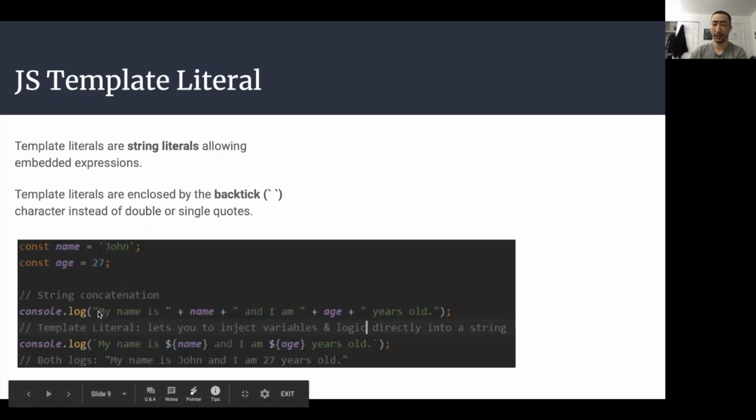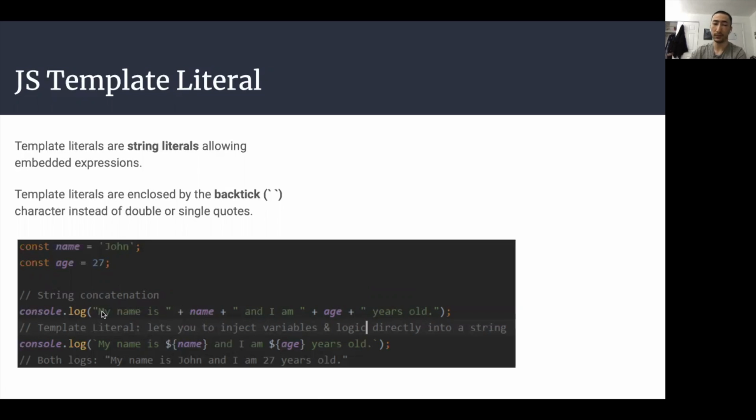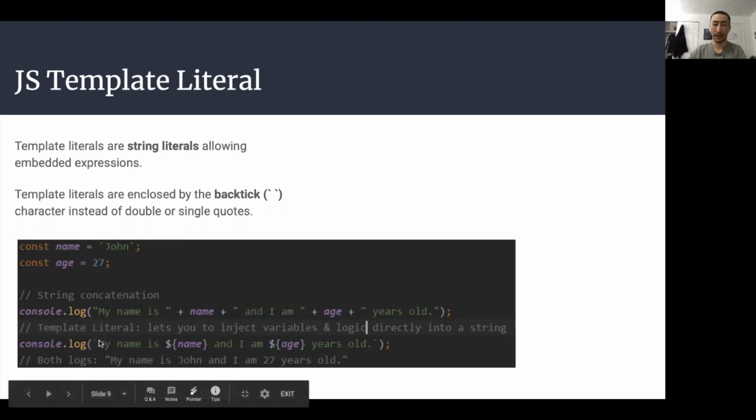So instead of using a double or single quote, you use a backtick. It is the key right next to the one key on your keyboard. With that, you can inject logic and variables inside your string by using a dollar sign and curly braces.